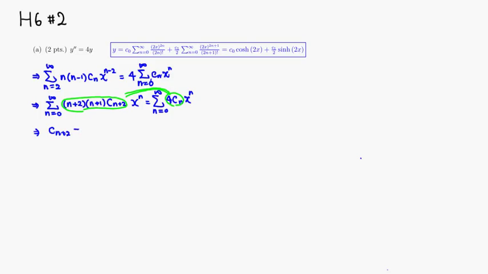So this is equal to 4 over n plus 2 times n plus 1, times c sub n.